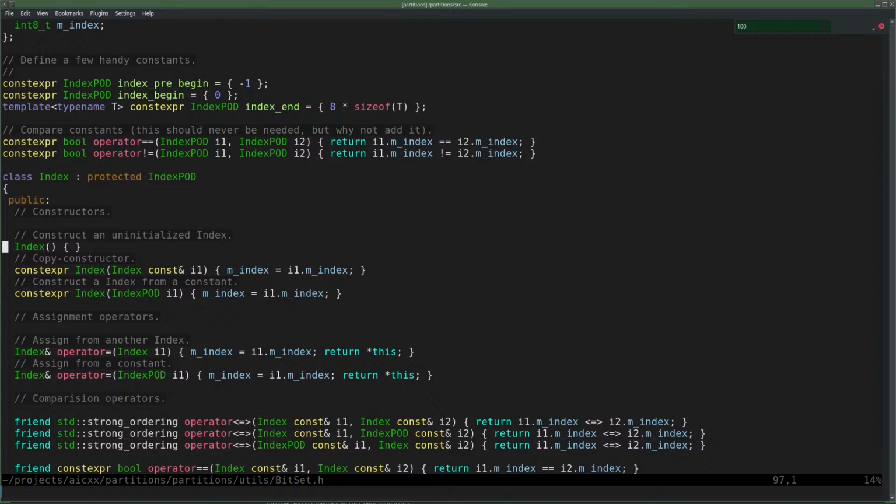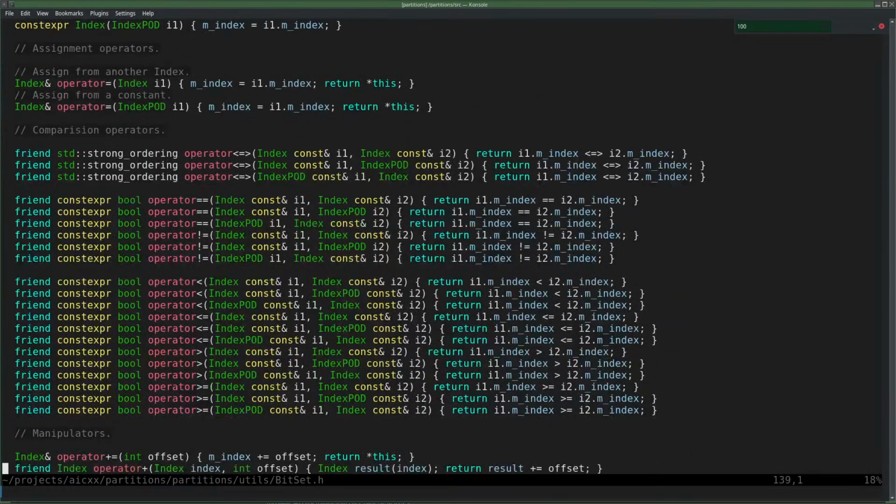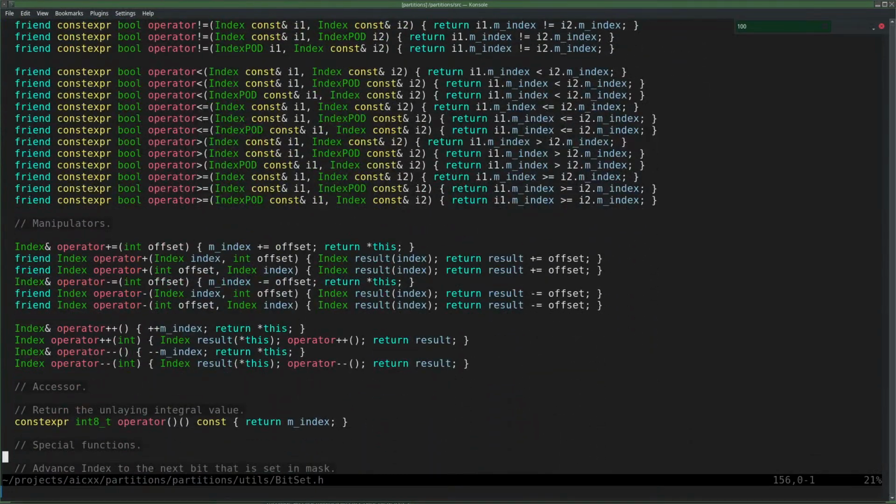Index, and this bit set index. I have a plus that adds index and int, we can add it.